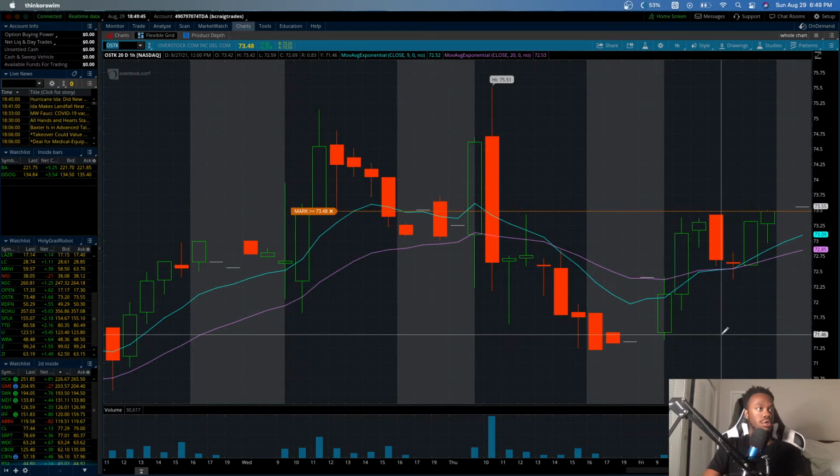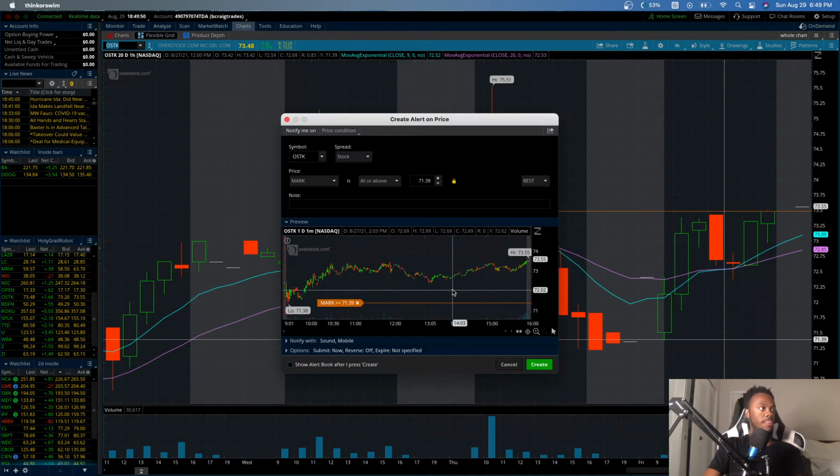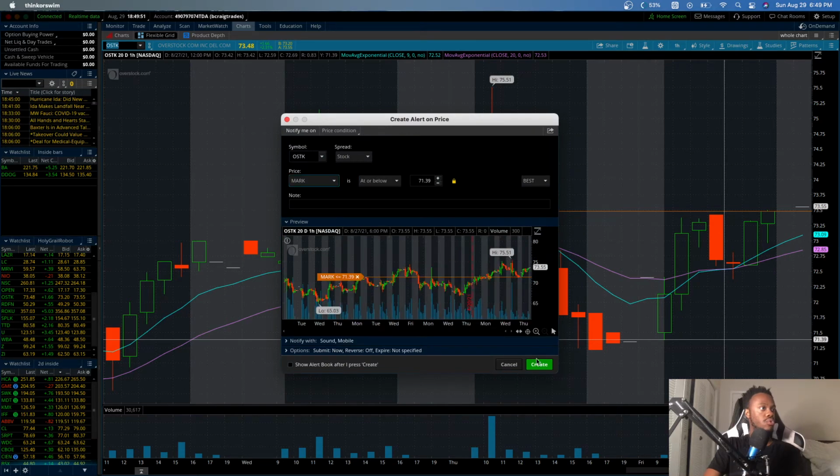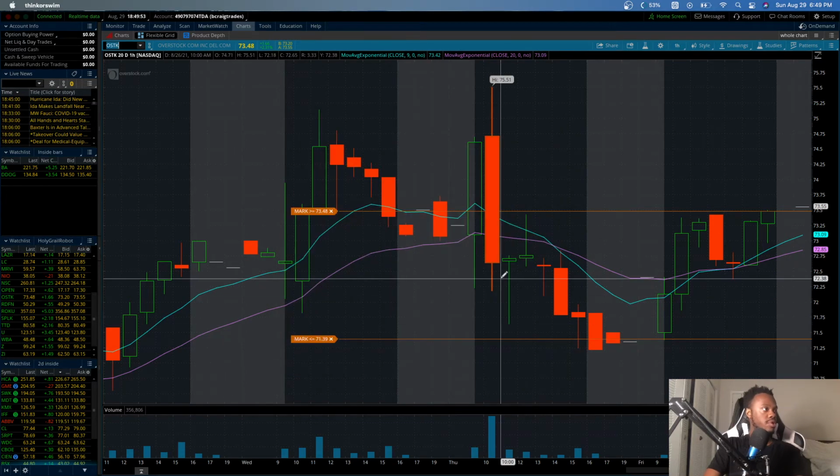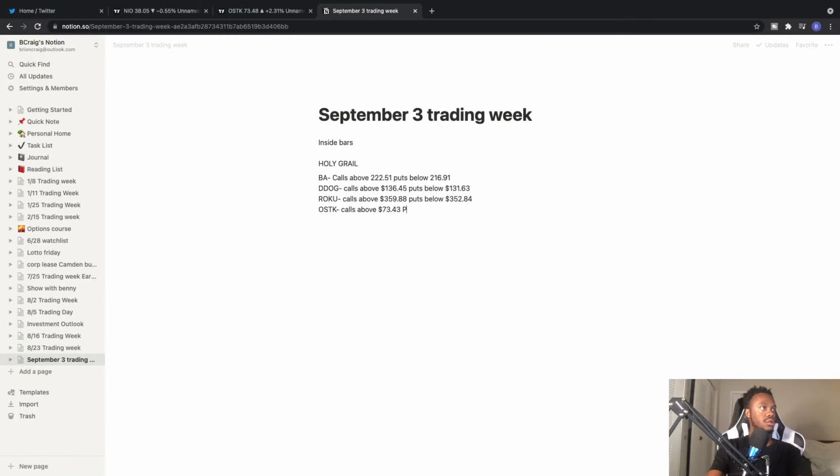There you go. And then puts probably right down here, 71.39. Create alert at or below. Puts below 71.39. Perfect. All right, so those are some of my trigger levels.